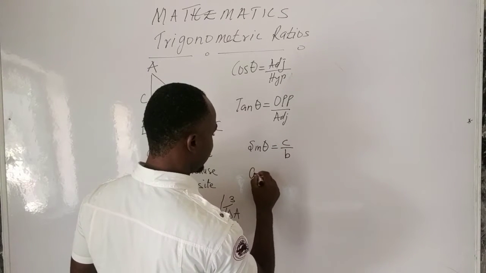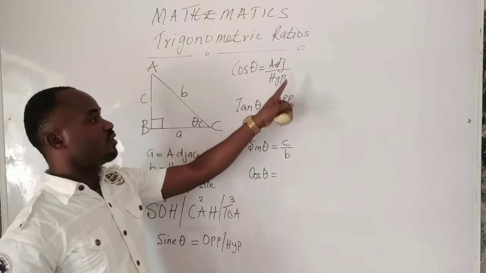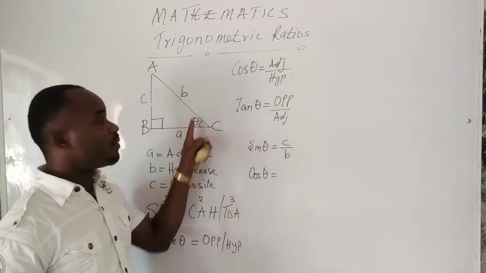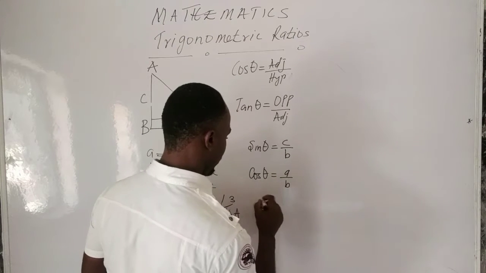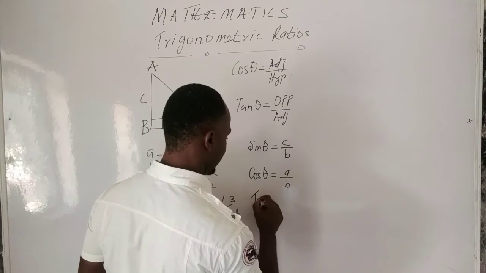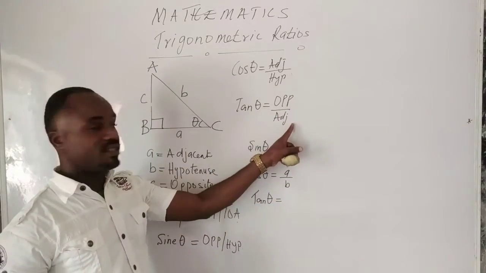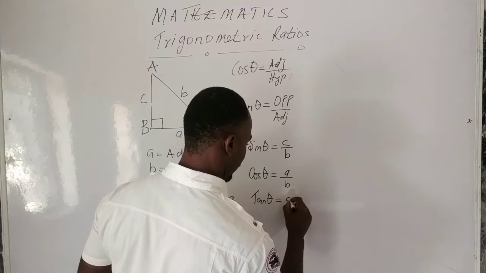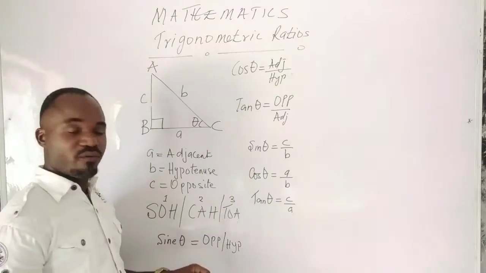For cos theta, we have adjacent over hypotenuse. Adjacent is a, hypotenuse is b, so a over b. For tan theta, we have opposite over adjacent. Opposite again is c, adjacent is a, so c over a. You can see we have done very well here.